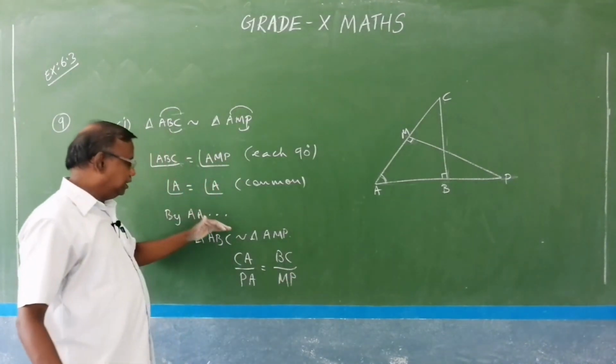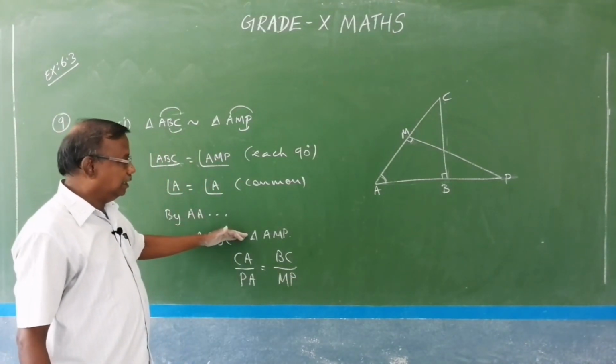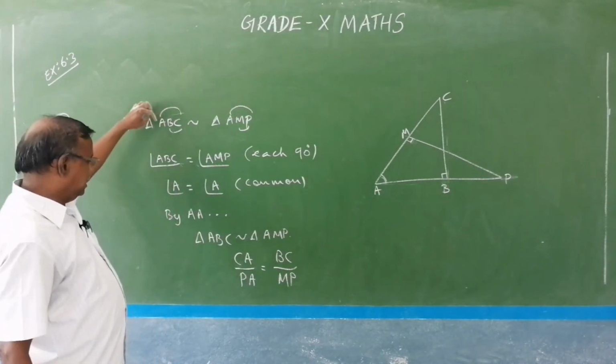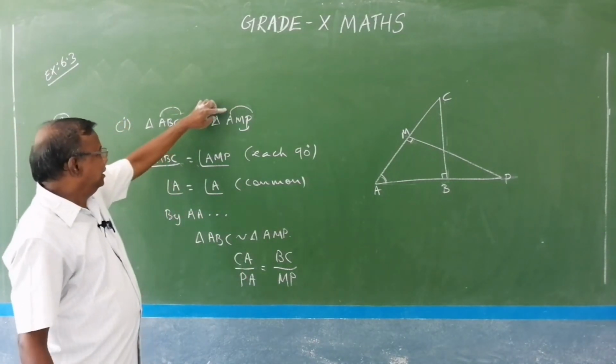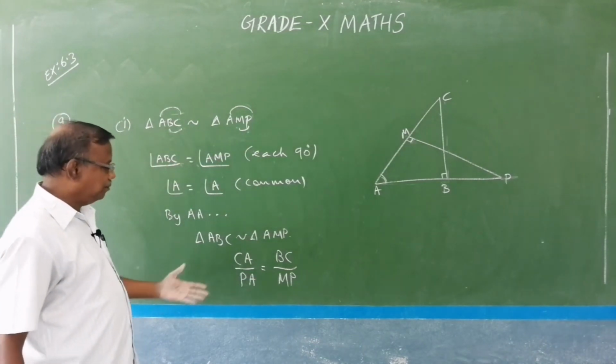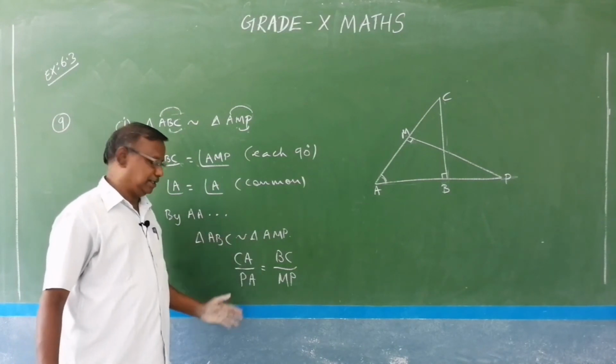Since these two triangles are similar, their corresponding sides are in ratio. Therefore CA by PA equal to BC by MP. So this is the second part.